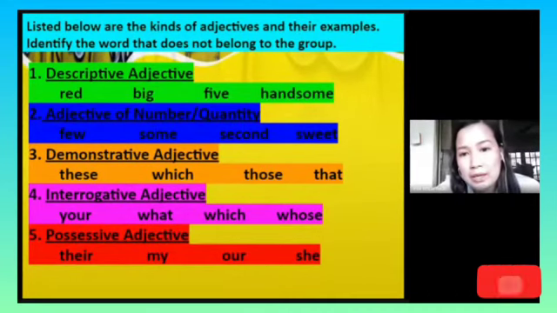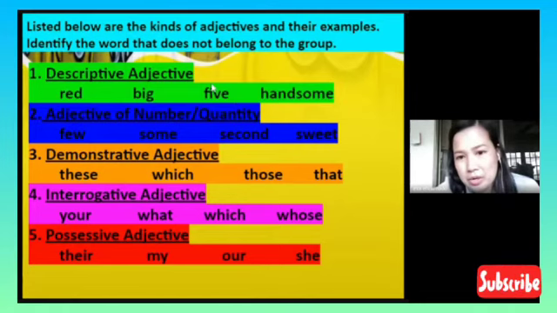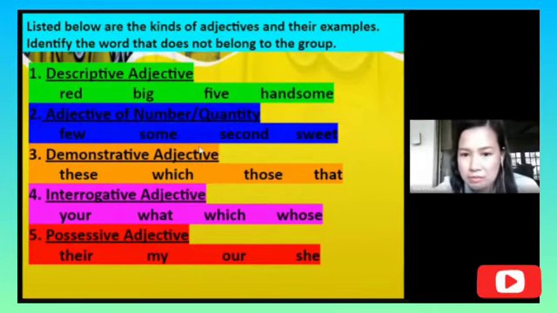Okay, number 1, the word that does not belong here is the word 5. Kasi yung 5 is adjective of number. Number 2 answer is sweet. Kasi ang sweet na word ay descriptive adjective. Number 3, demonstrative adjective.